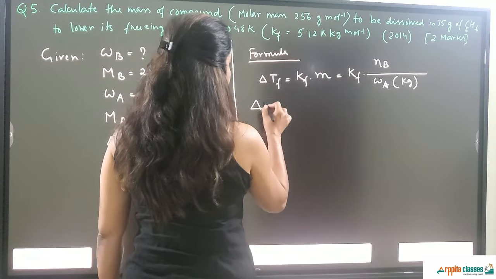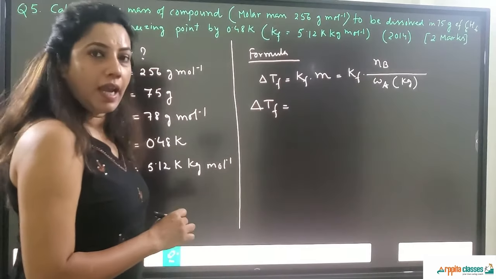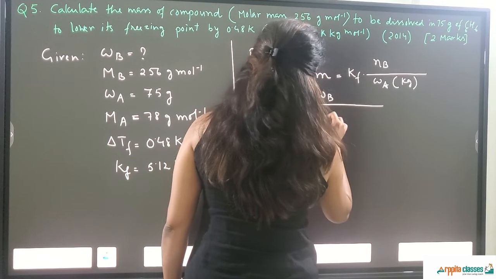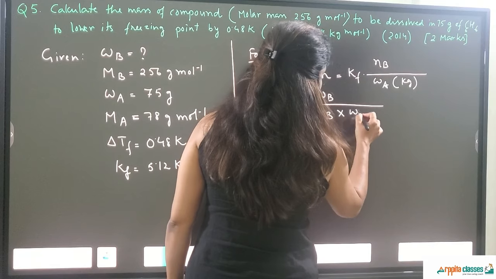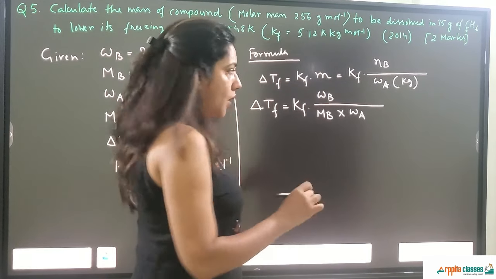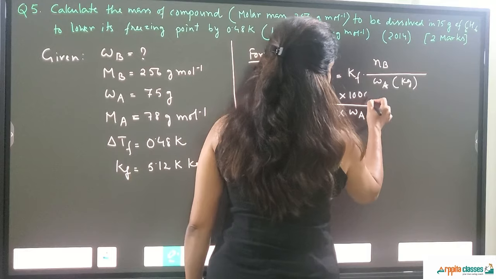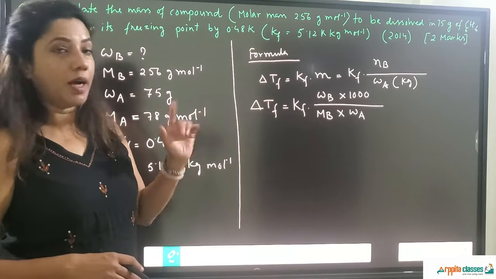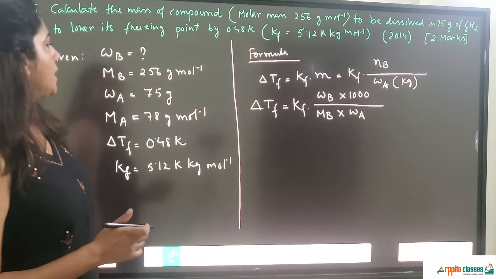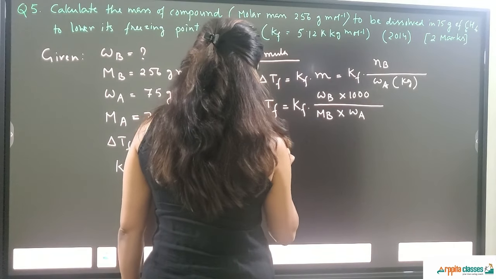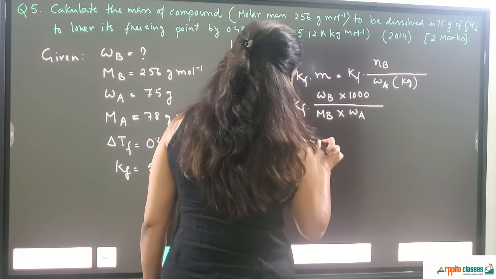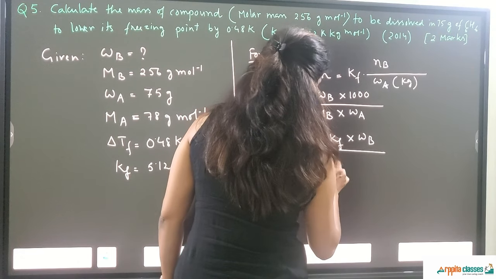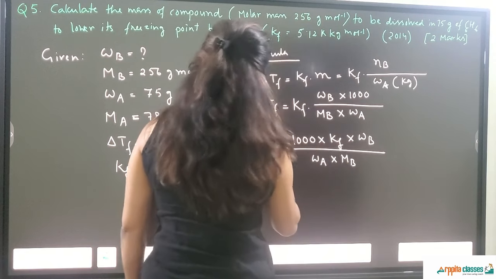So delta Tf is equal to Kf into number of moles of solute Nb, which can be written as Wb divided by Mb, into Wa in kg, means Wa upon 1000, and that 1000 will go up. Because by default in chemistry all the weights are given in grams, we need to convert Wa in kg, so we divide it by 1000. So the formula finally we get is delta Tf is equal to 1000 into Kf into Wb divided by Wa into Mb. This is the formula.